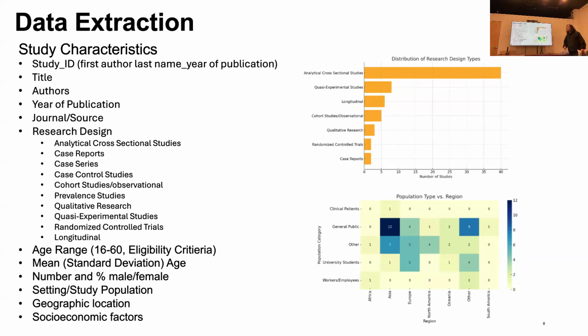For the initial summary, we can see there are 40 papers mainly focusing on cross-sectional studies. As for the region, these papers mainly focus on Asia, Europe, and North America, and the population is usually the general public and university students.